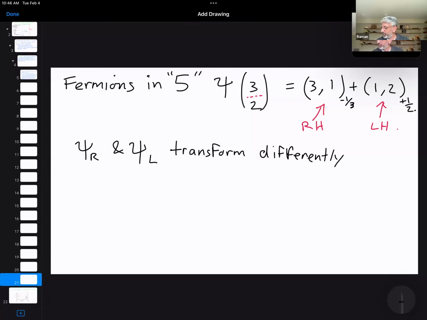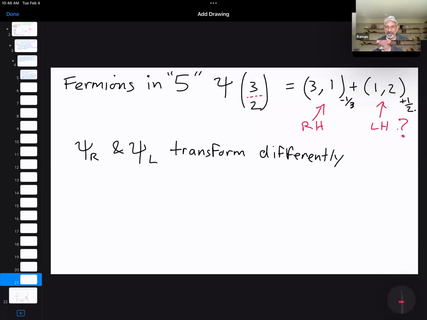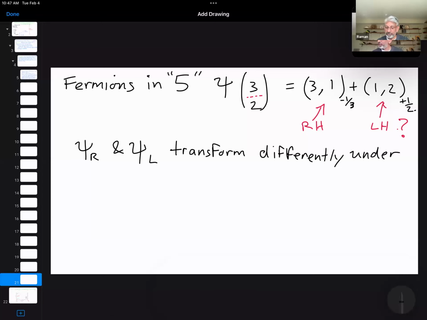So of course, this question of how to identify who is coming out of SU5 is puzzling us, but just to come back to this, psi right and psi left transform differently under the Lorentz group, which of course is SO(3,1) or SO(1,3). But they are very simply related to each other.